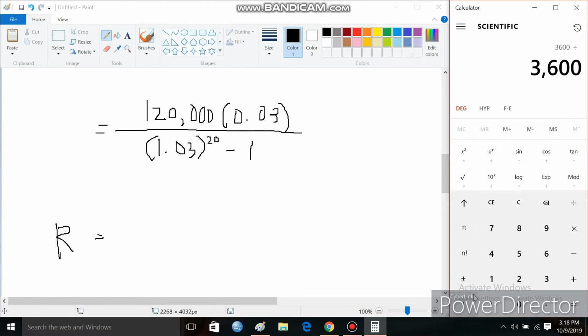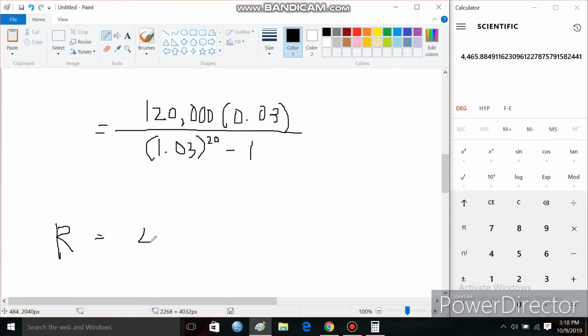Then press open parenthesis, then 1.03. Since 20 is the power of 1.03, press raise to the power of, plug in 20, then close parenthesis, then finally type in minus 1, then close parenthesis, then press equals.